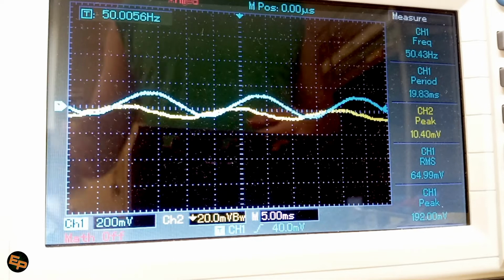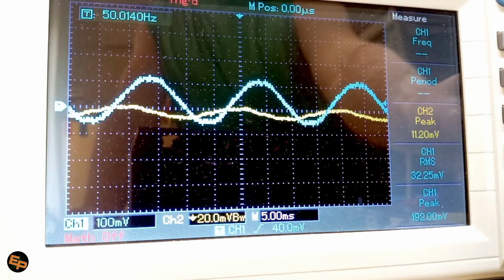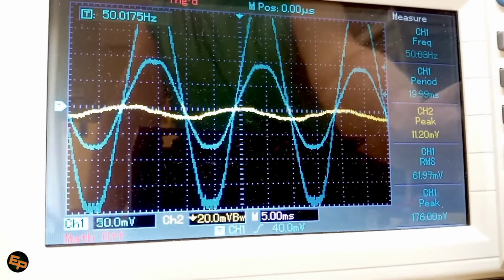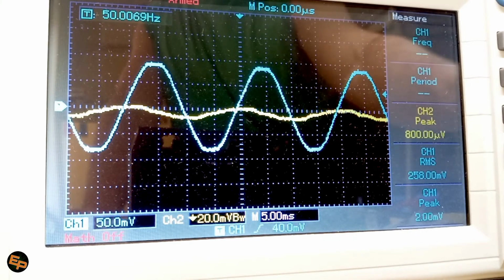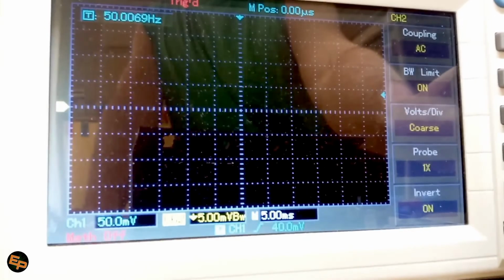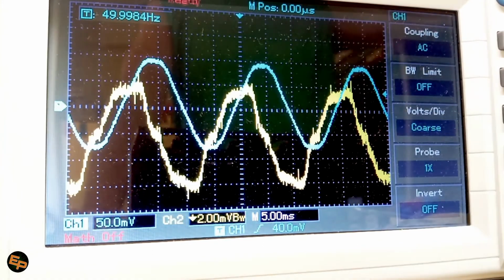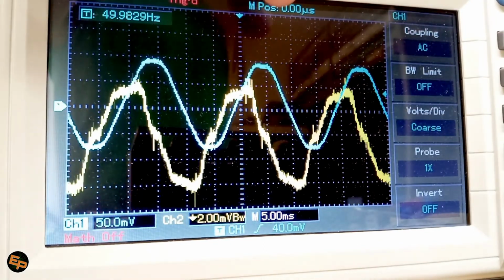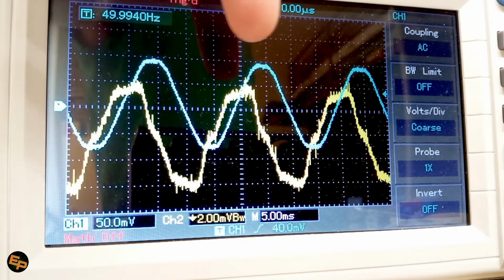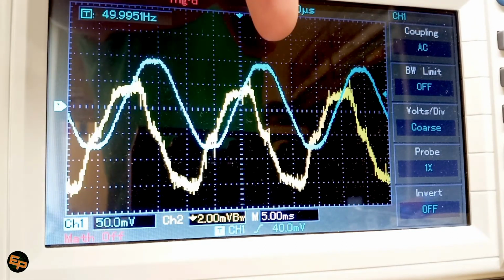And here we see, let me make it a bit bigger, not so big. Right, so the blue channel is the voltage on the shunt resistor.